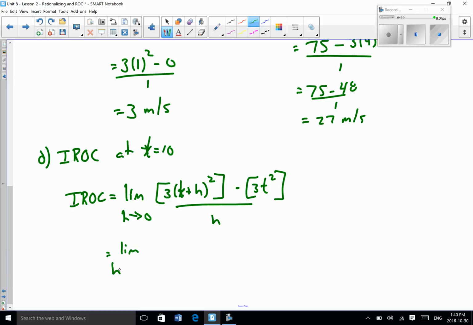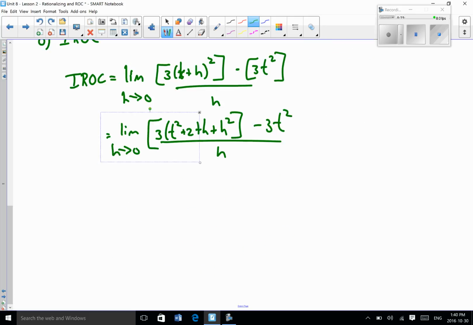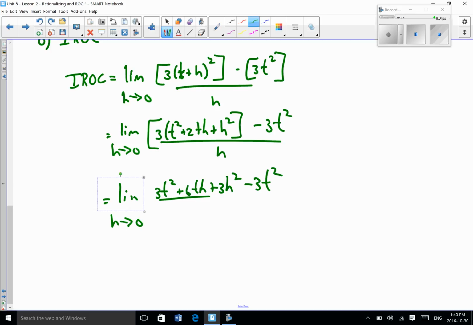So limit h approaches 0, we're going to have 3 times (t plus h) twice, or in other words, t squared plus 2th plus h squared if you FOIL, minus 3t squared all over h gives us the limit as h approaches 0, 3t squared plus 6th plus 3h squared minus 3t squared all over h.